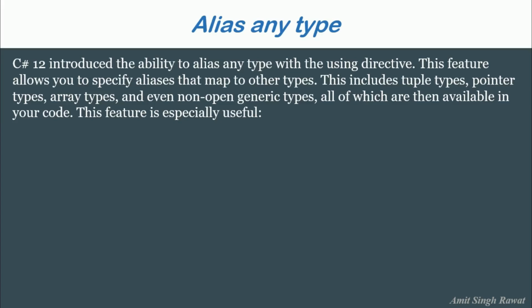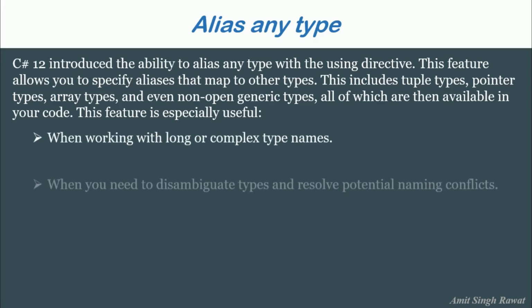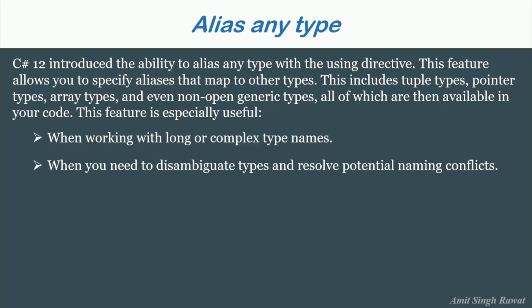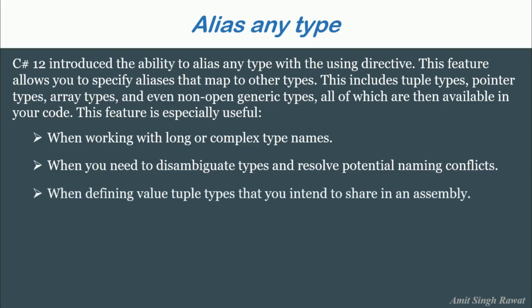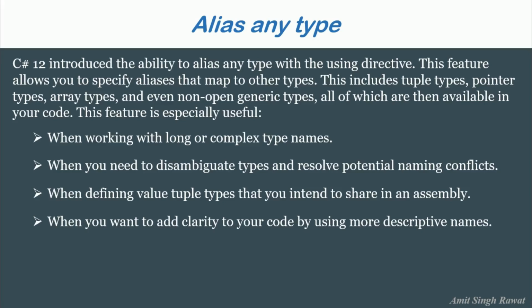This feature is especially useful when working with long or complex type names, when you need to disambiguate types and resolve potential naming conflicts, when defining value tuple types that you intend to share in an assembly, when you want to add clarity to your code by using more descriptive names.